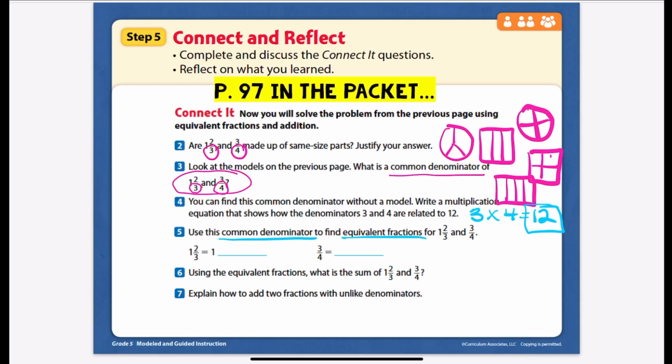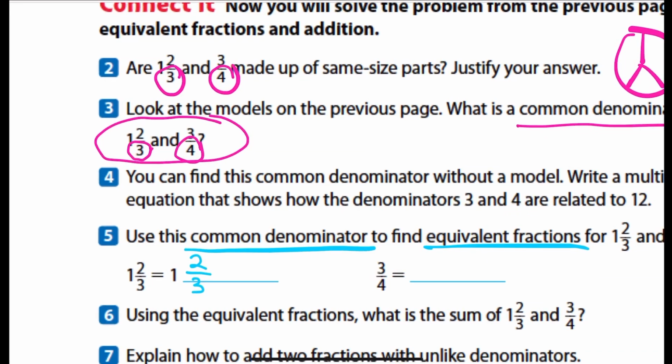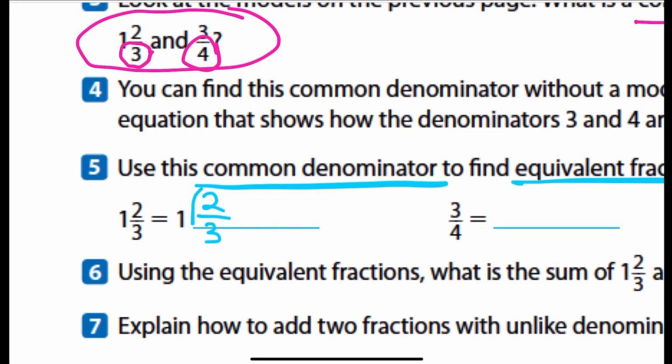So 2/3, we're going to multiply that times 4 to give us what? 2 times 4 is 8. 3 times 4 is 12. So that whole mixed number would be 1 8/12.